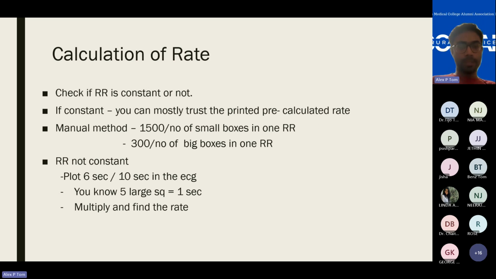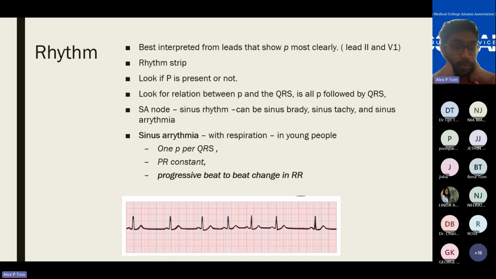Okay, so next we go into arrhythmias. We are going to appreciate the rhythm. How do you find out what rhythm the patient is in? What is the electrical rhythm that the heart is in? The best two leads to interpret the rhythm are lead 2 and V1.